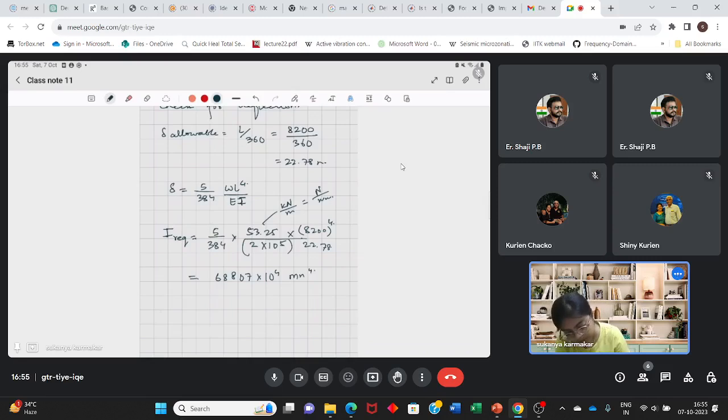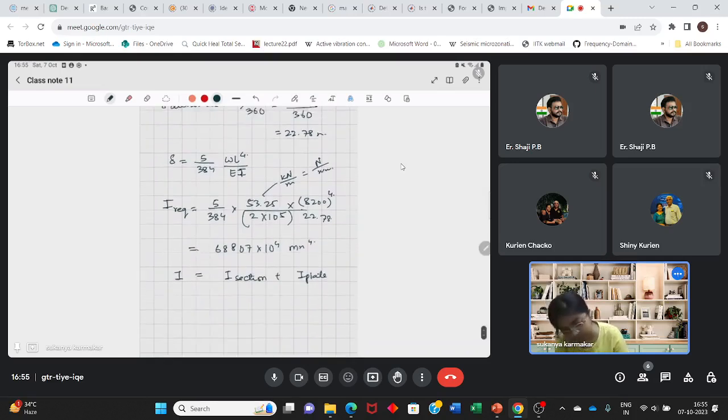So for I, which is given here, it will have some contribution from the I section and some contribution from the plate. Now for the section, the contribution is 40349.9 into 10 to the power 4.